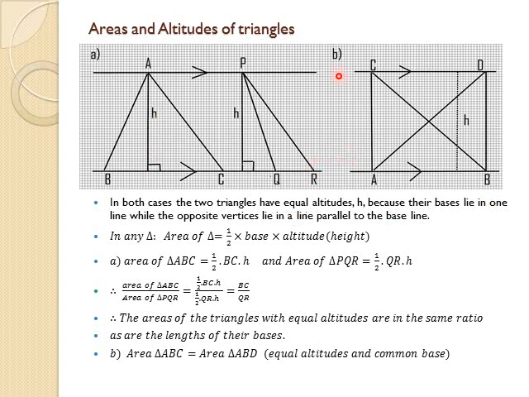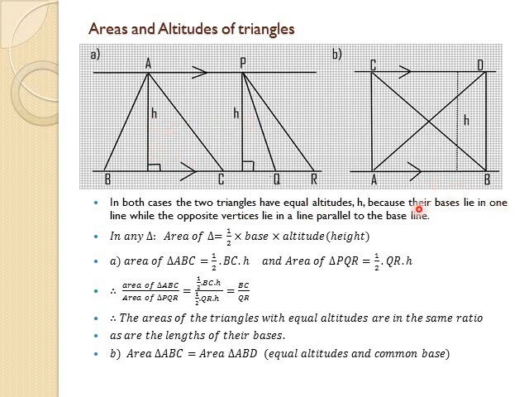If you look at figure B here, I've got a parallel line. In it I've got triangle ABC, then I have ABD. They both have the same height. So in both cases, the two triangles have equal heights or equal altitudes, called H.